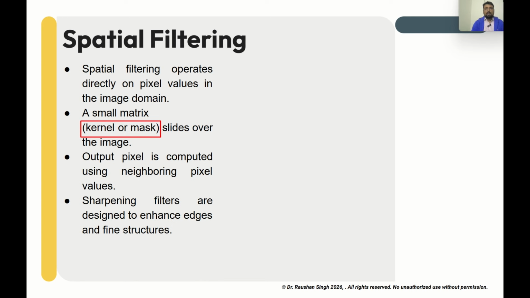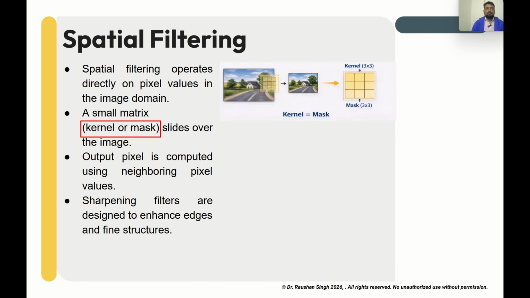A kernel or mask is nothing but this: for example, in a complete image, if we have to operate on a smaller part, what will we do? We'll select that area, and the operation will happen there. Whatever operation you do in that area will be replicated over the complete image, and the area initially selected where the changes happen is your kernel or mask.